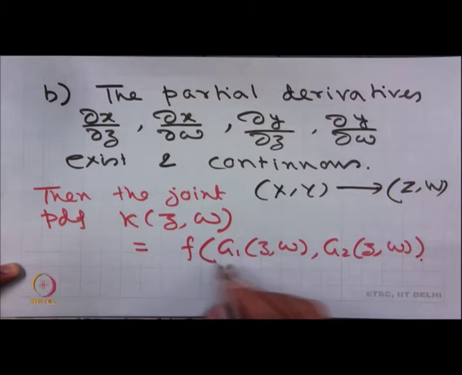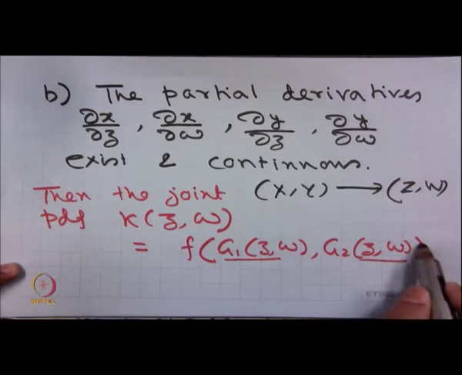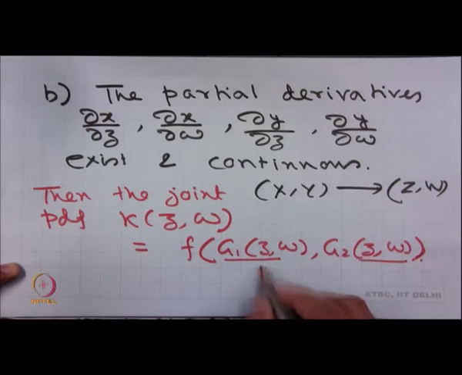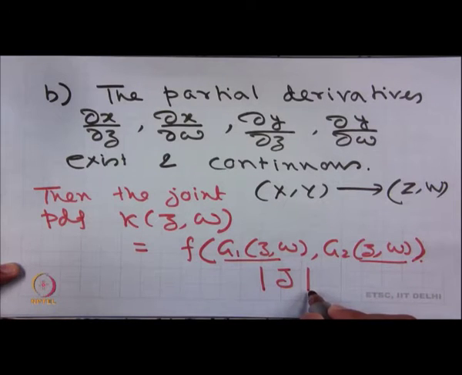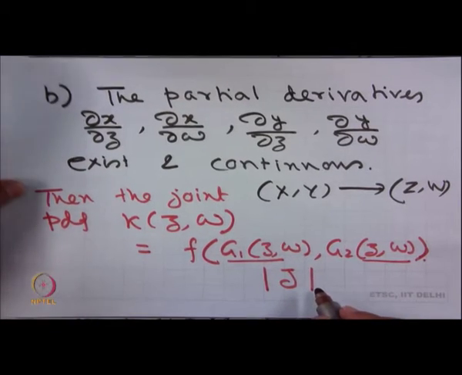That means, we are looking at the PDF of original random variable x y, but expressed in terms of z w multiplied by something which is called the Jacobian. What is Jacobian?